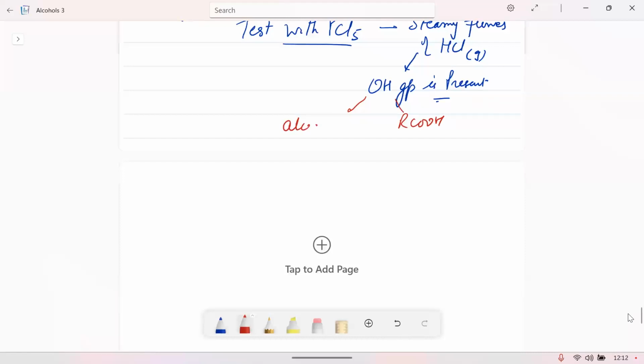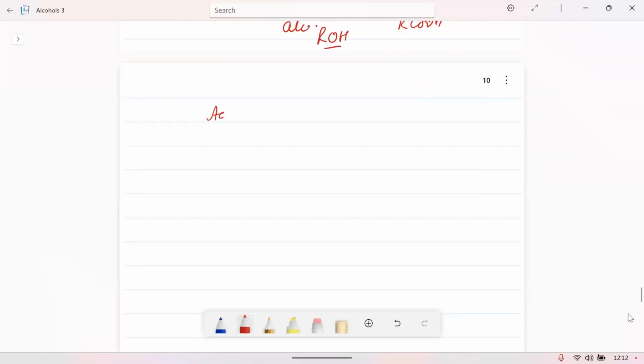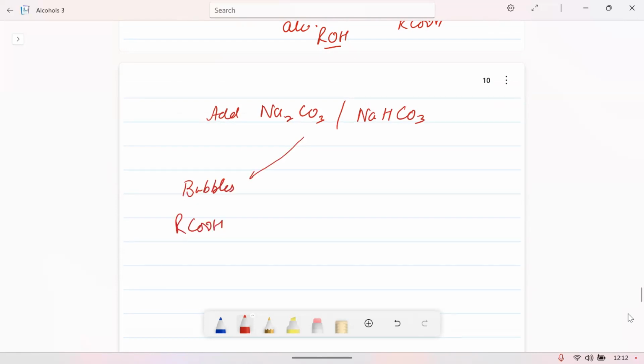How will you differentiate? Add sodium carbonate or sodium hydrogen carbonate. If you observe bubbles, it means it is a carboxylic acid.